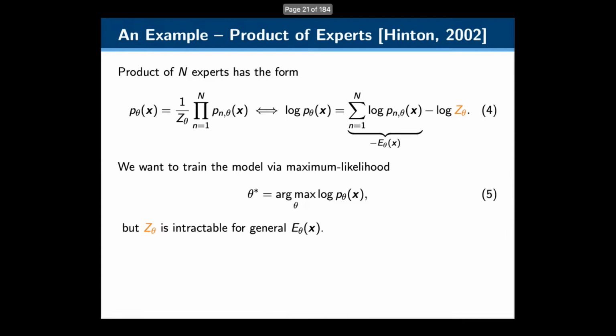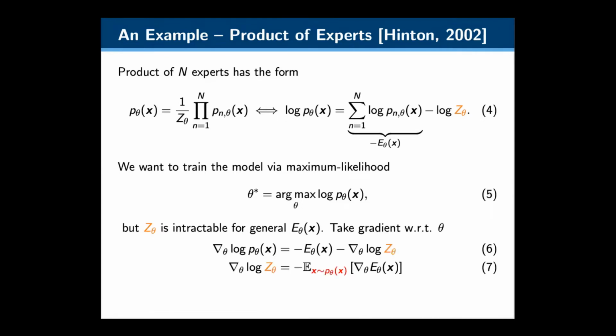In particular, if you take gradients, you end up with these expressions. We just took the gradient of the log probability in equation 6, and we got these two terms. The first term is the gradient of the negative energy. Sorry about that, that's a typo. And then you get the gradient of the log partition function.